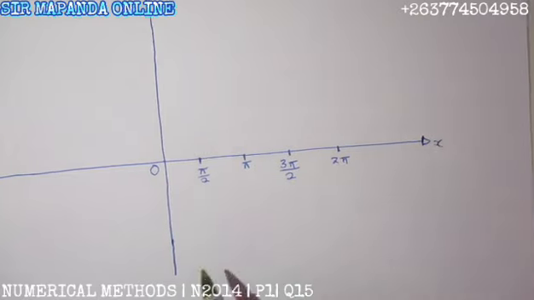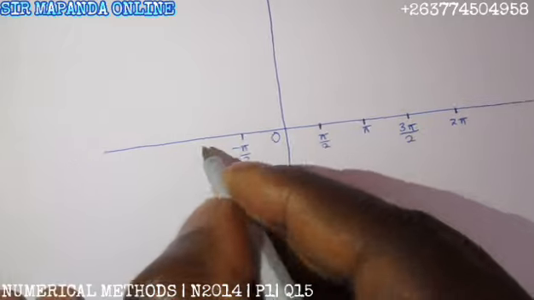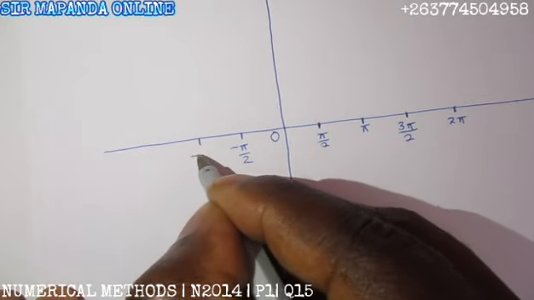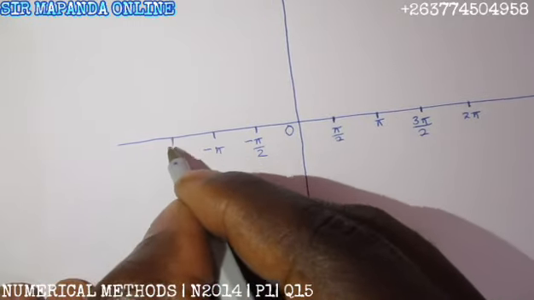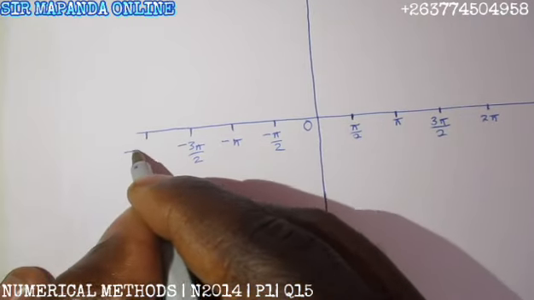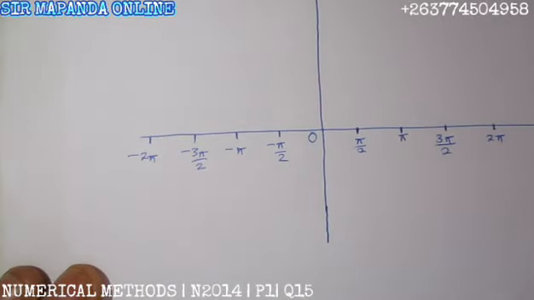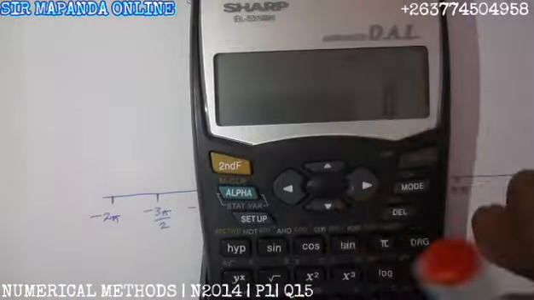These are critical values. Here, you write -π/2. Then you write -π. You write -3π/2, as well as -2π. I hope you are following. So make sure your calculator is in radians.